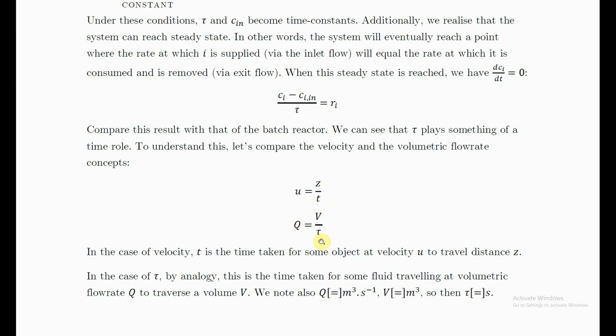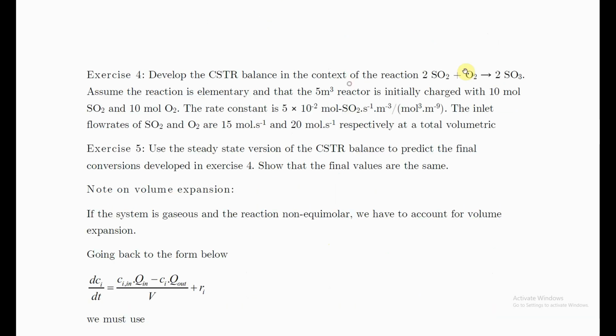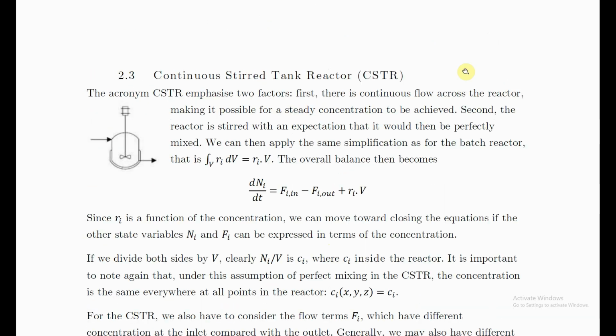So in other words, this tau is something like the time taken for a certain volume to be traversed at this flow rate. So for example, imagine you want to move 50 cubic meters, and this is a 1 cubic meter reactor.